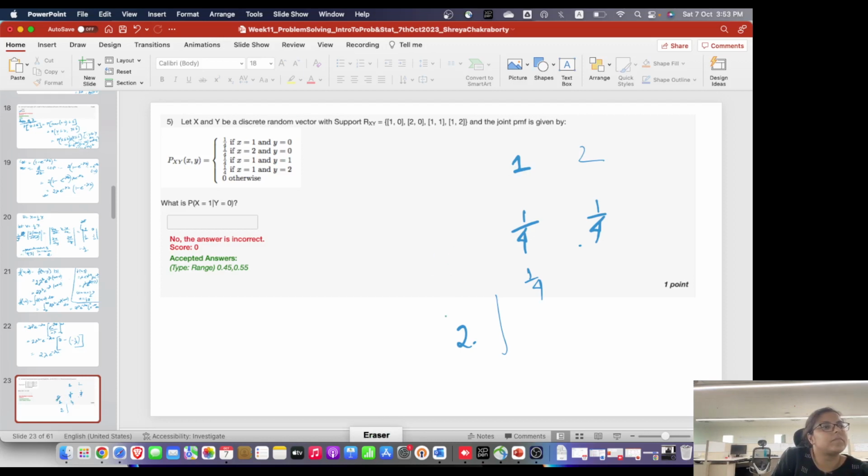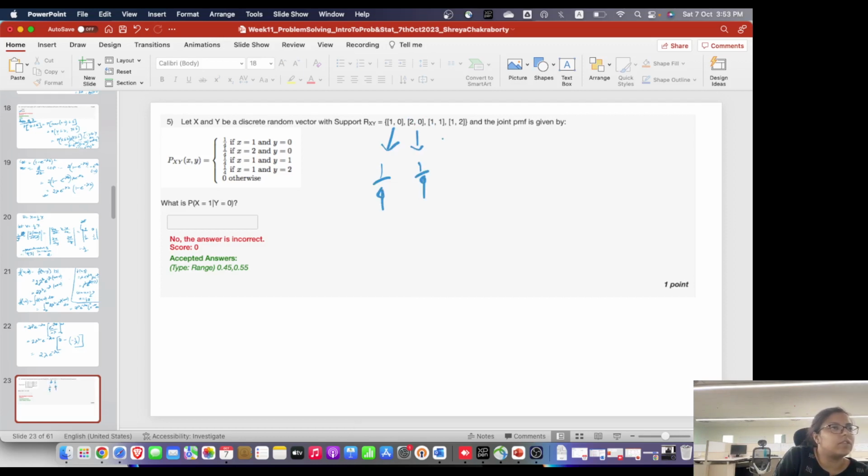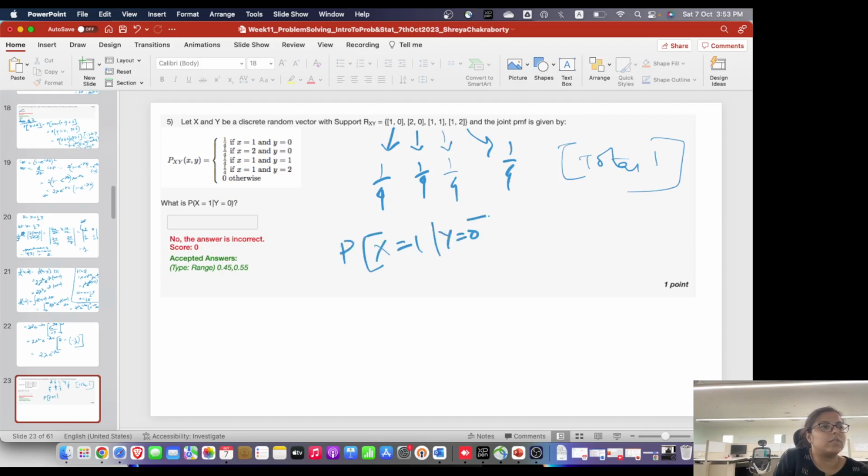So for 1 0, the probability is 1/4. 2 0, the probability is 1/4. 1 1 is also probability 1/4, and this is also 1/4. Total is 1.